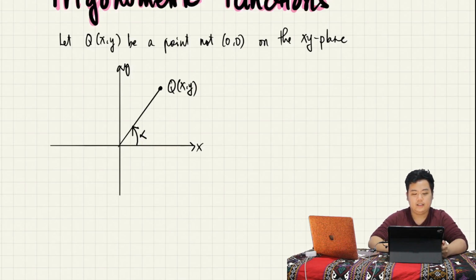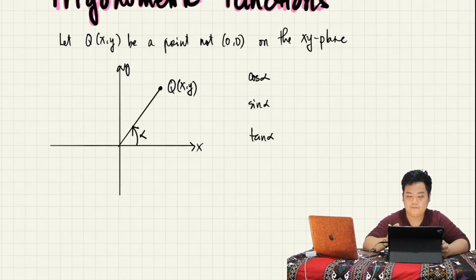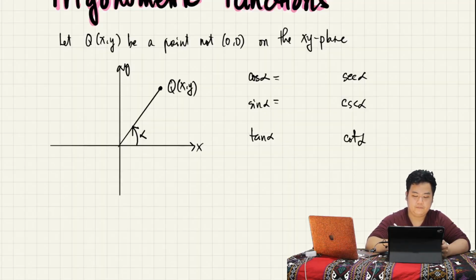Okay. So from here, we can now define the 6 trigonometric function values of alpha. You have probably encountered this before, it's like the circular functions. So, you have cosine of alpha, sine of alpha, tangent of alpha, secant of alpha, cosecant of alpha, cotangent of alpha.